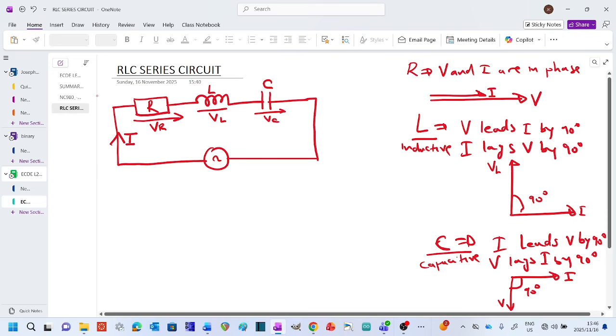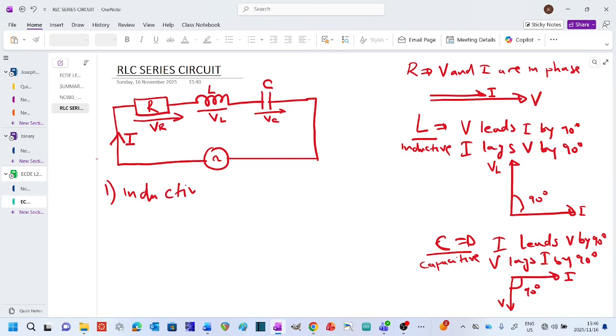Each component is going to have its own voltage drop. But we talk of inductive circuits. An RLC circuit is said to be inductive when XL is bigger than XC. So when XL is greater than XC, we talk about an inductive circuit.